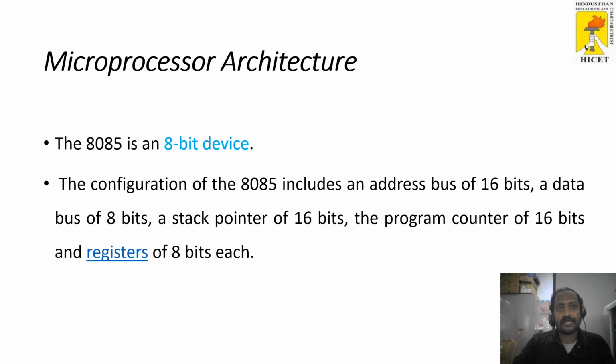A microprocessor consists of general purpose registers and special type of registers for execution of instructions, to store the address or data while running the program. The configuration of 8085 includes an address bus of 16 bits, a data bus of 8 bits, a stack pointer of 16 bits, the program counter, shortly called PC, of 16 bits, and registers of 8 bits each.